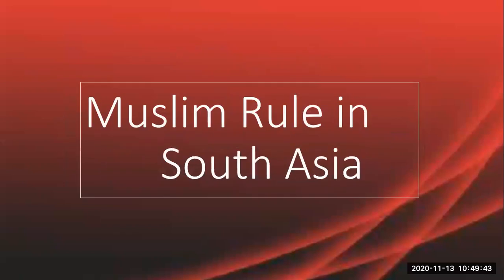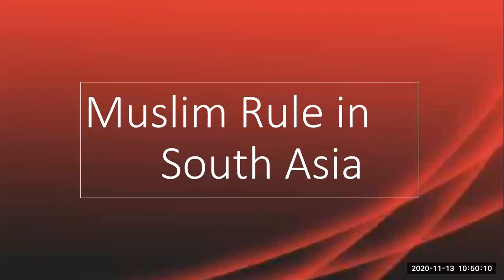So today we are going to review one of the chapters which we had done, that is Muslim Rule in South Asia. Okay, this chapter is of the history portion of your book. As we had learned, we learned the chapter Ancient South Asia previous week, and we have seen the parts of history there.